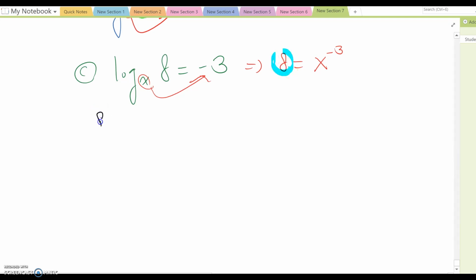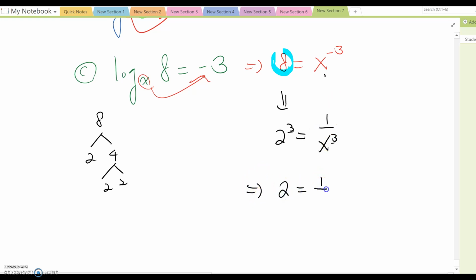So 8 means 2 times 4 and 2 times 2. Therefore this becomes 2 cubed. X to the negative 3rd means 1 over x cubed, right? So cubed, therefore you can rewrite 2 equals 1 over x. Now just put it over 1 and cross multiply and it becomes 2x equals 1, so x equals 1 over 2 in this case.